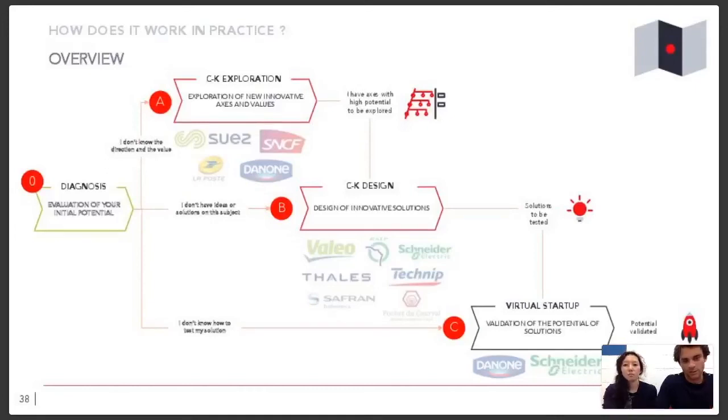So we have these 3 steps that enable us to start from a blank area, which is really wide and not well structured, and that usually is explored really randomly, with a really structured way to go from playgrounds to solution to test to decrease the uncertainties that you can have.